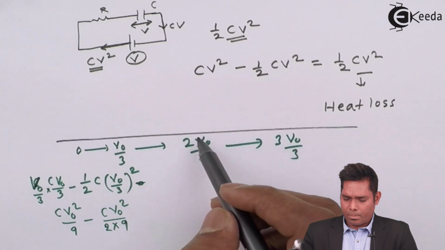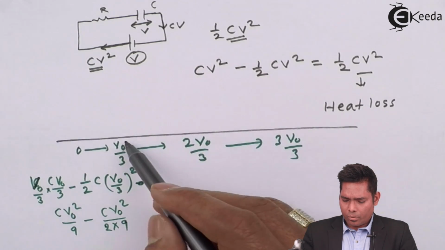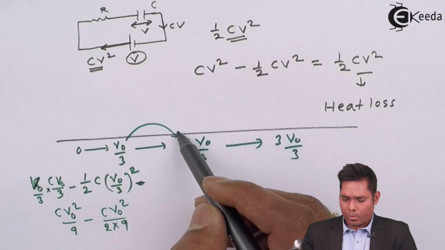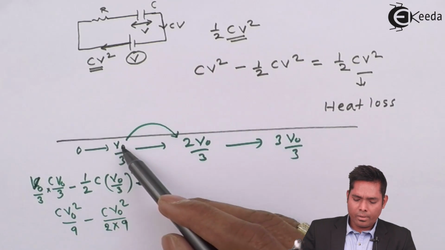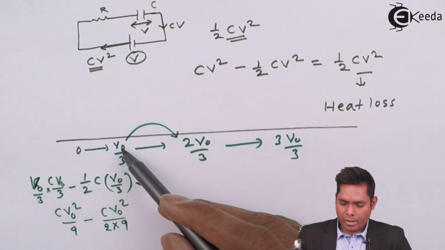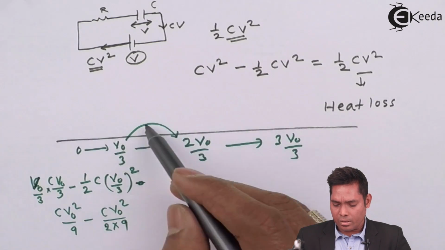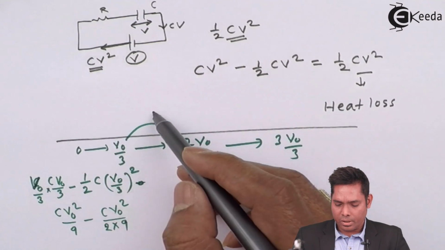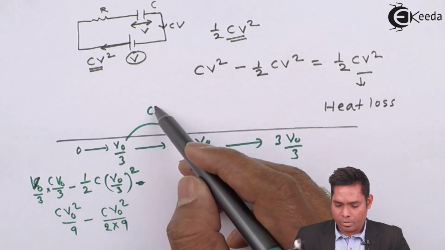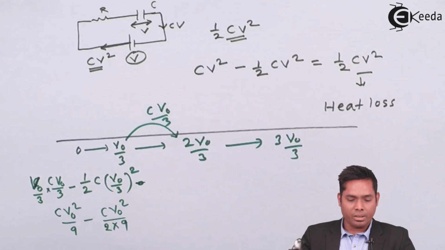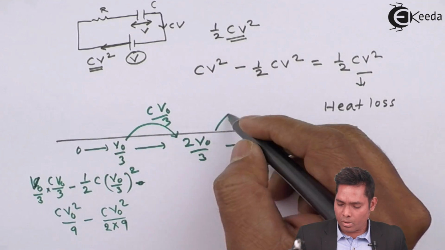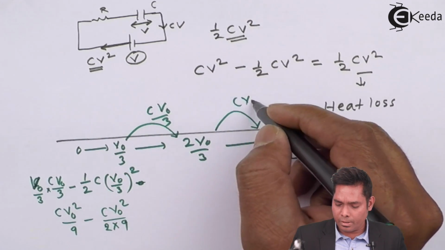During the second step, we will again repeat the same process. Initially, the charge is there already, and only the change in the charge that is taking place is CV naught by 3. This is the charge that is being transferred in each step. So from here also the charge transfer is CV naught by 3.